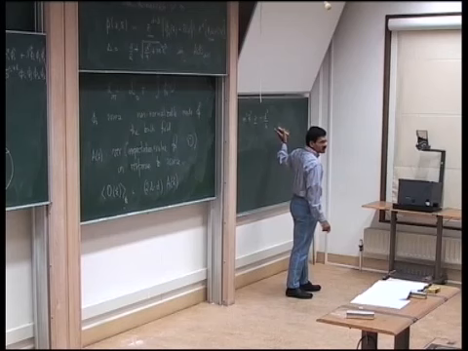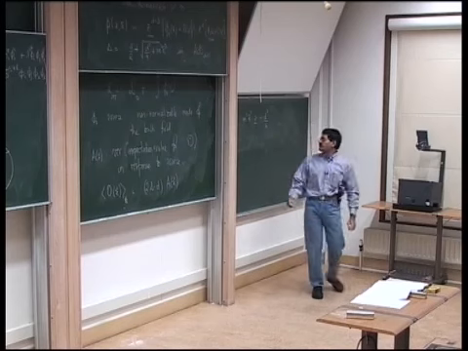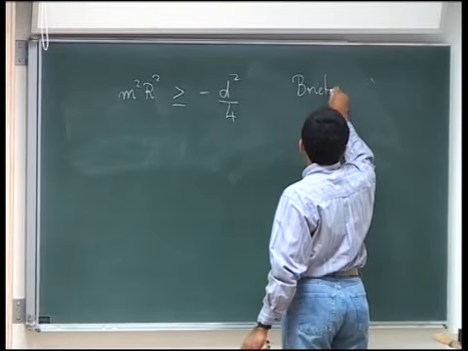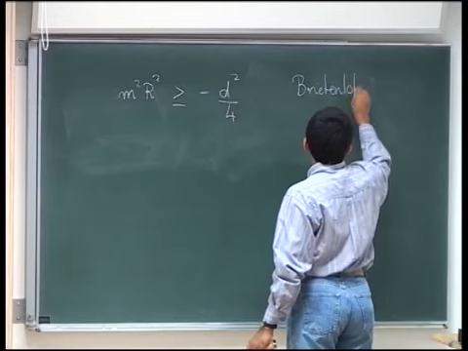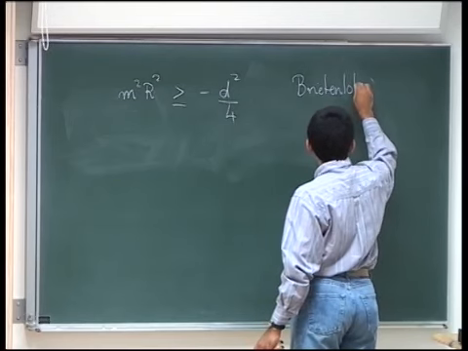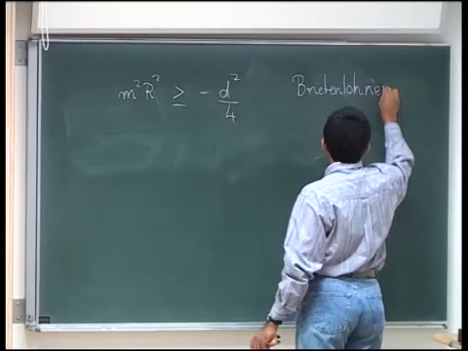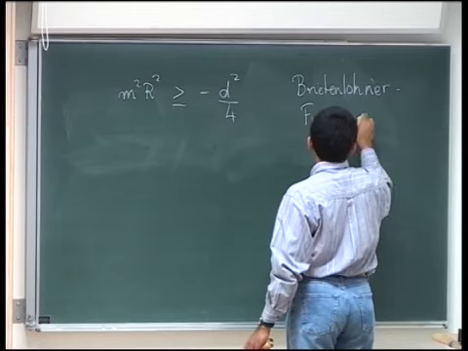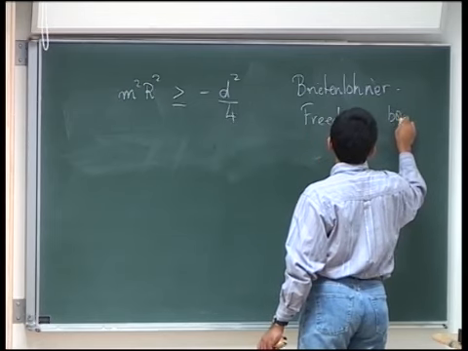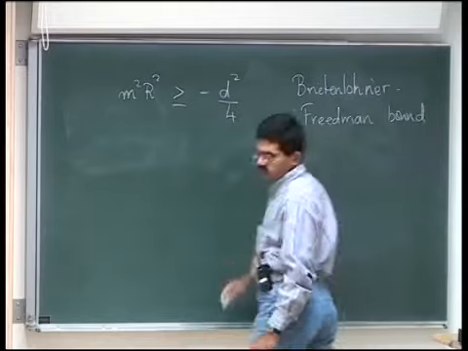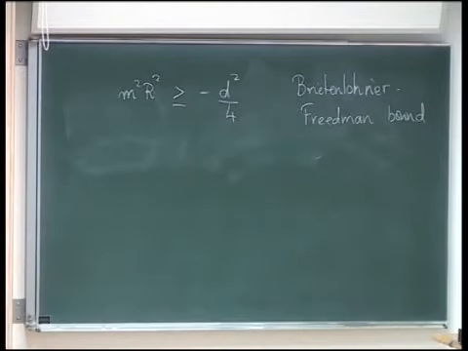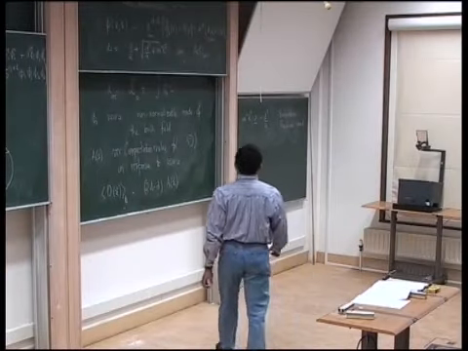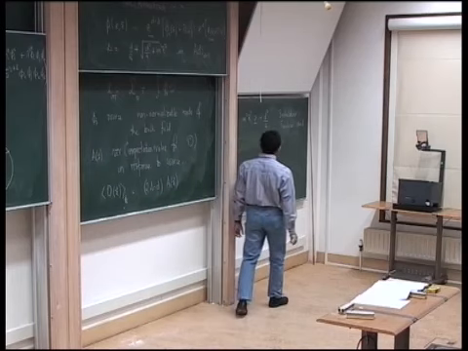The masses have to be bounded from below by minus d squared over 4, and this is called the Breitenlohner-Freedman bound, in the context of field theories in anti-de Sitter spacetime.